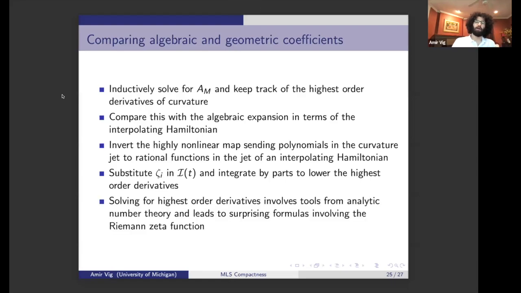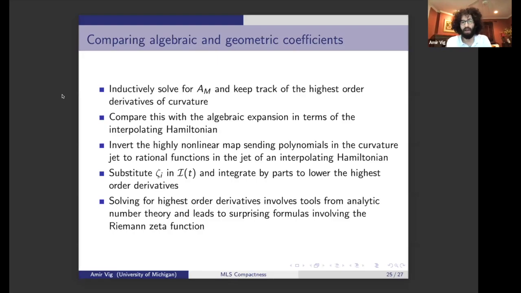Okay. If you remember, the first 4 invariants were these terrible formulas, and they had all kinds of crazy coefficients. So if you solve in general for the highest order terms, you have to use tools from analytic number theory. You're solving something inductively, you put coefficients in generating functions, you solve some differential equations.